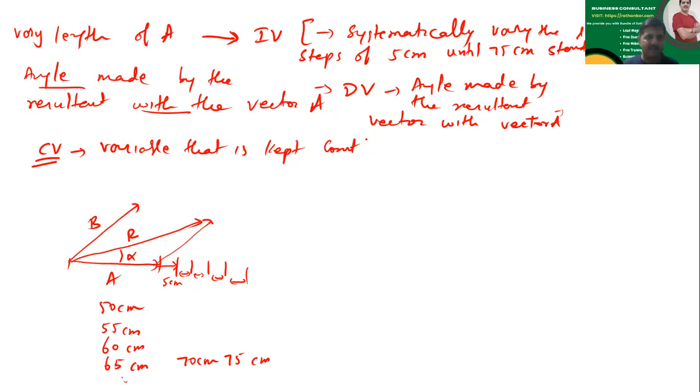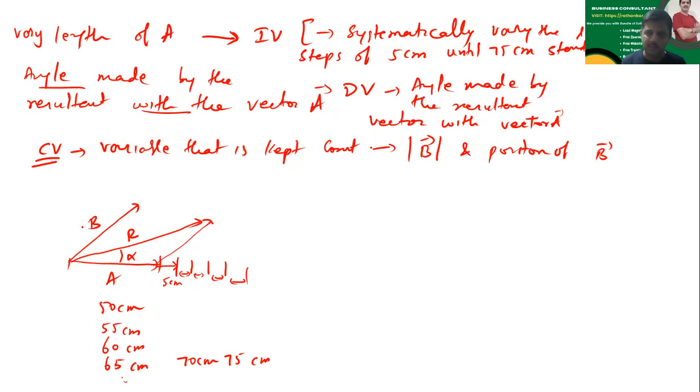Now, what is the control variable? That is what we need to discuss. The value of B. I am not going to change the value of B. So here, what are the control variables? Vector B. What is vector B? This vector. I will say the magnitude of vector B and the position of vector B will be held constant, which means throughout the experiment, I am not going to change this.